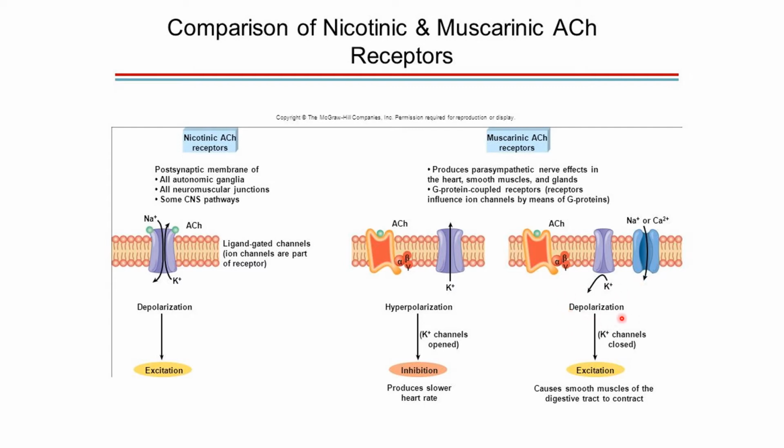So this thing will depolarize more quickly, cause it to get excited. And in this case, in the smooth muscles of our stomach, different parts of the digestive tract, it's going to cause those to contract. So this is the digest part of rest and digest when we see this in the parasympathetic nervous system.